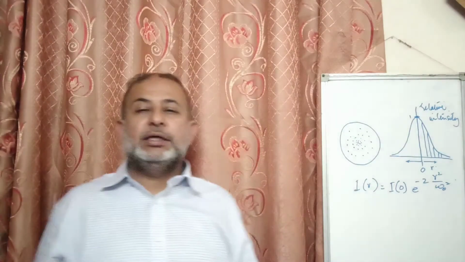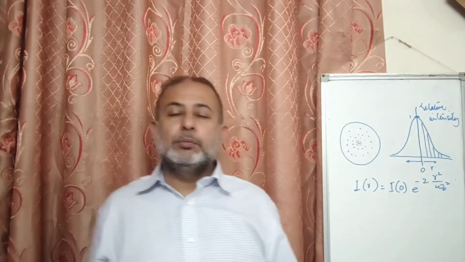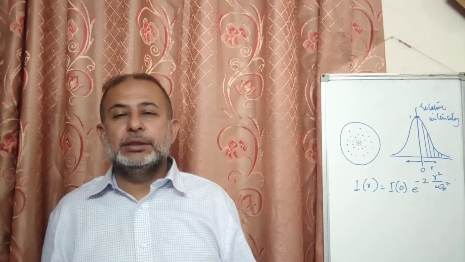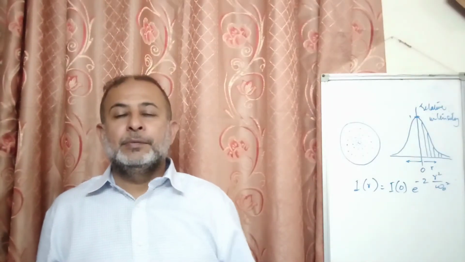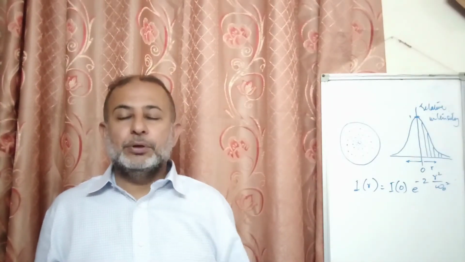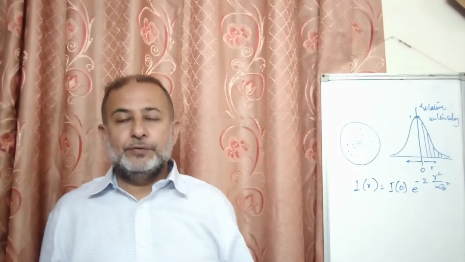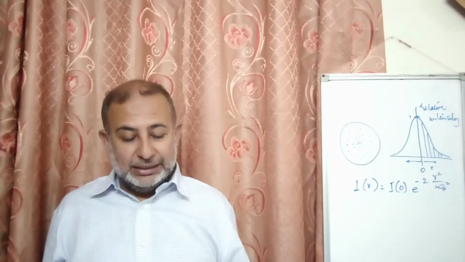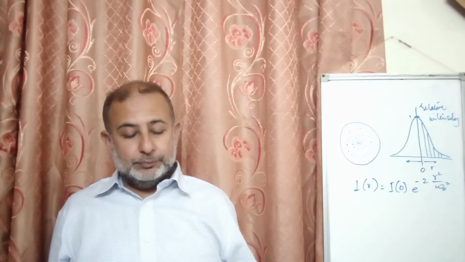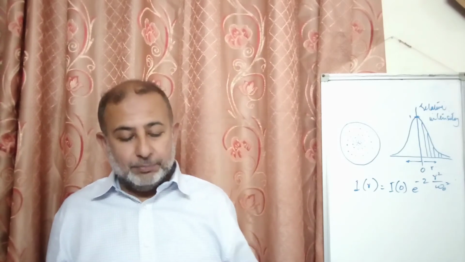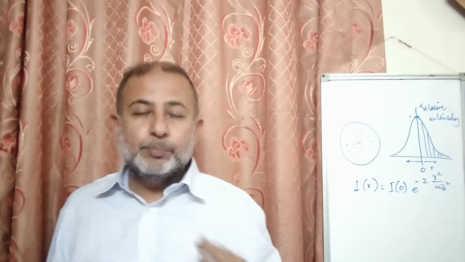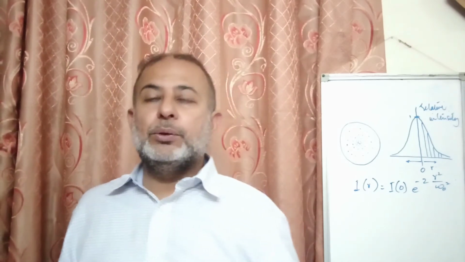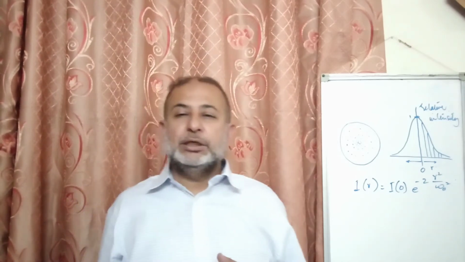As you know, the number of modes that we calculate in a fiber depends upon a particular value V, which is the V number, equal to pi d over lambda into under root n1 square minus n2 square.